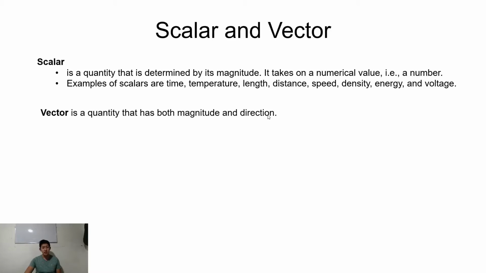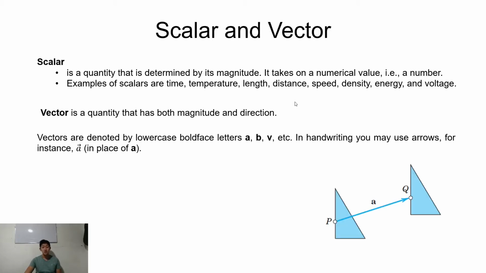In relation to that, a vector quantity has both magnitude and direction. This is a representation of a vector: an arrow, which has length and direction. It is represented by a bold letter A, but when you write it, you usually put an arrow on top to represent that it is a vector.